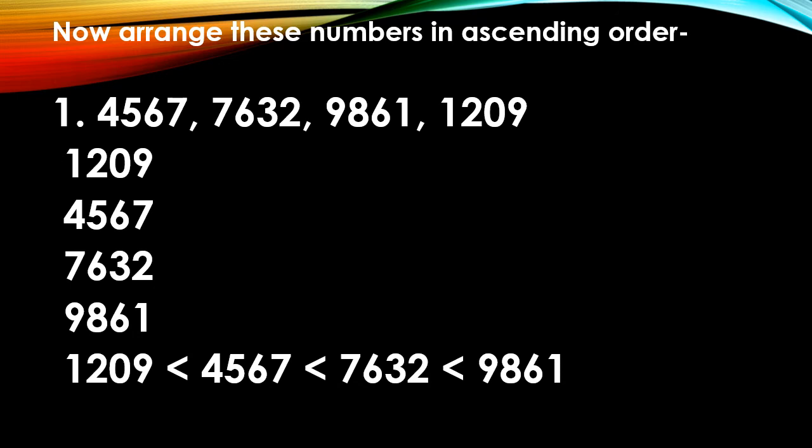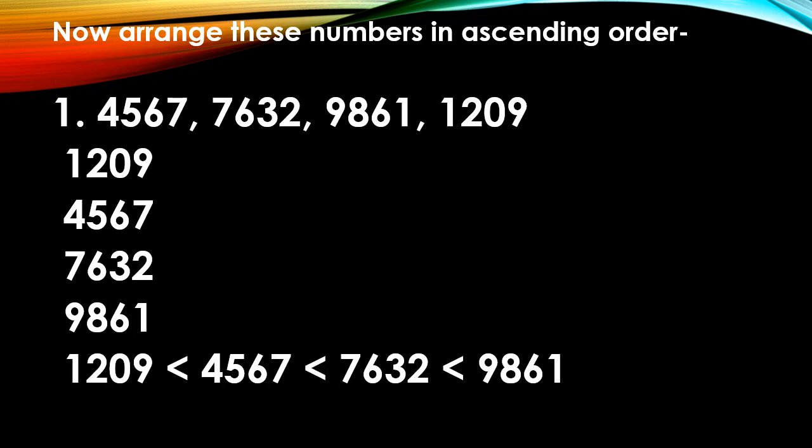So our smallest thousand is 1209, then 4567, followed by 7632, and at last 9861.